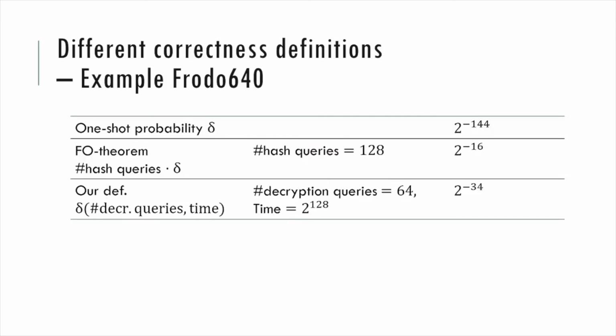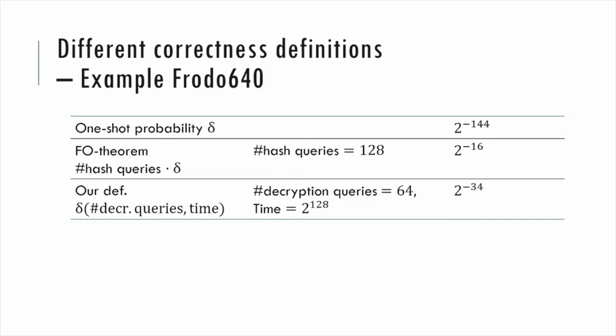Let me compare the probabilities corresponding to the three different definitions. Again, we are using Frodo as an example. The one-shot probability is 2 to the minus 144. This probability is used in the Frodo submission. The proven lower bound on the probability that comes from the Fujisaki-Okamoto transform is 2 to the minus 16, which is rather large.